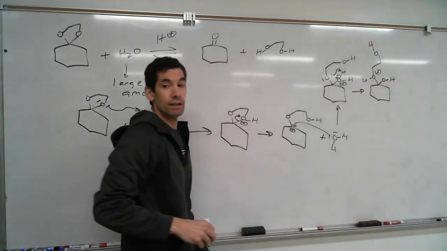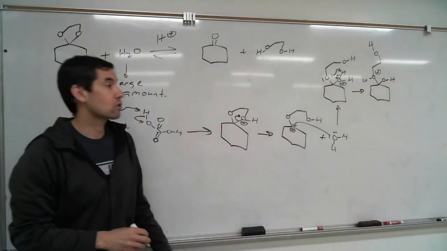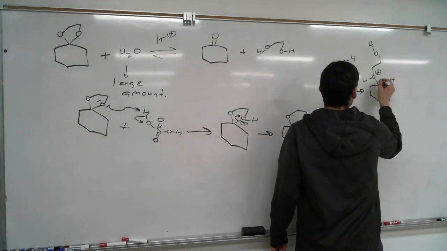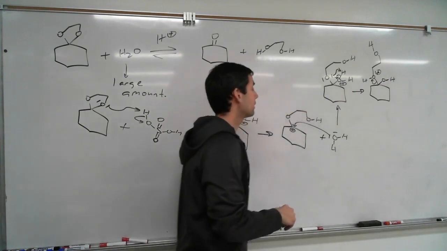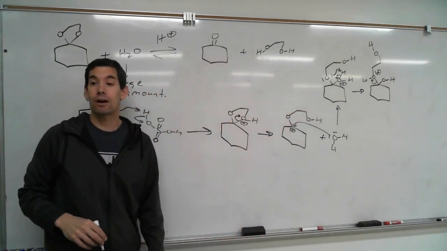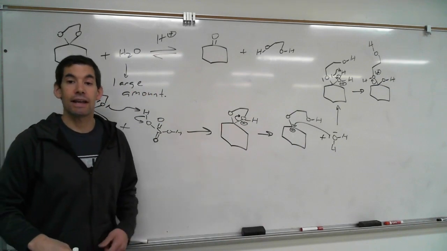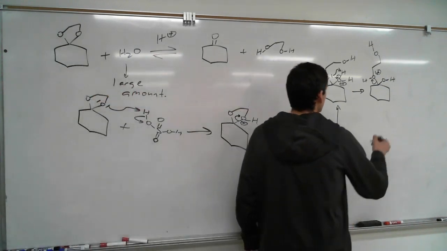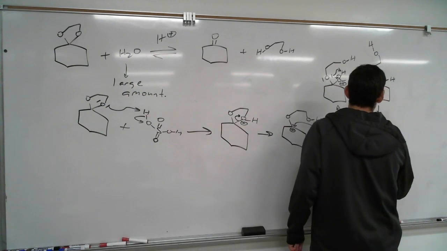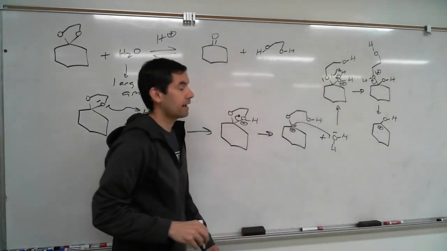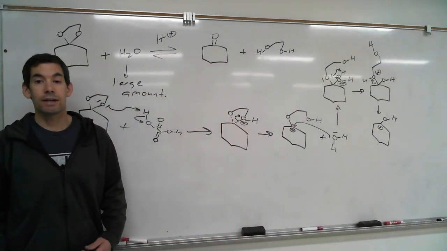We get to this species here, right? Now we have that positive charge on that oxygen, and we're going to do what? This is going to then leave. We want that bond to break between the oxygen and carbon, so we can have that group leave, and we can generate a carbocation back on that carbon. Now that we generated that carbocation, what do you think is our last step going to be, right?